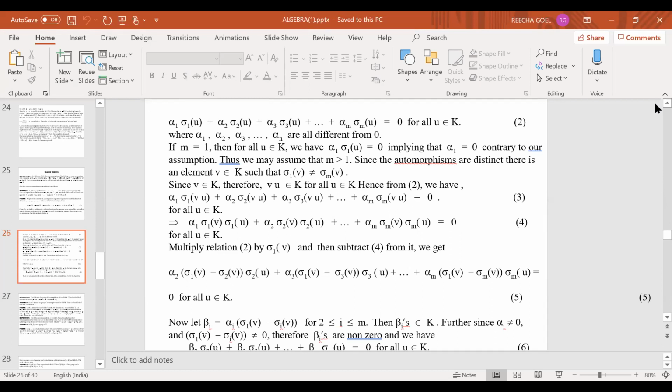That is, I define beta i to be alpha i times sigma 1 v minus sigma i v. Then beta i is non-zero.